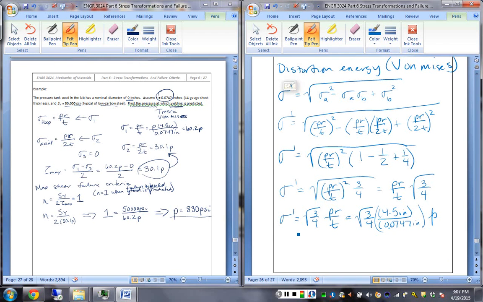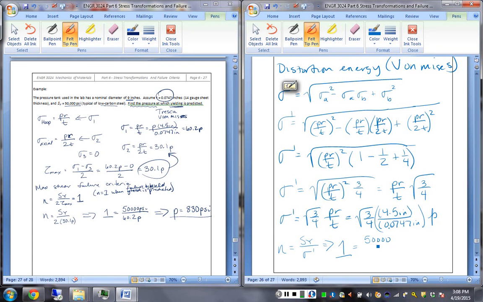And for the von Mises criteria, the factor of safety is the yield strength of the material divided by this von Mises stress. Again, failure is predicted when the factor of safety is 1.